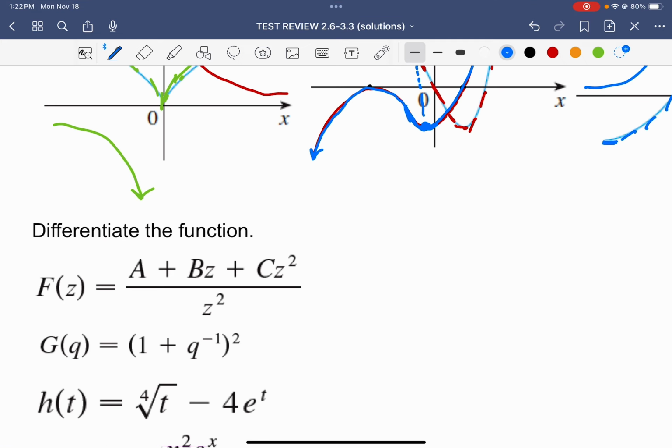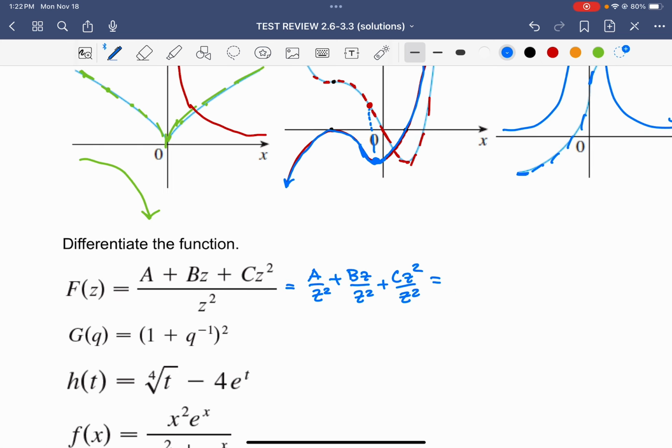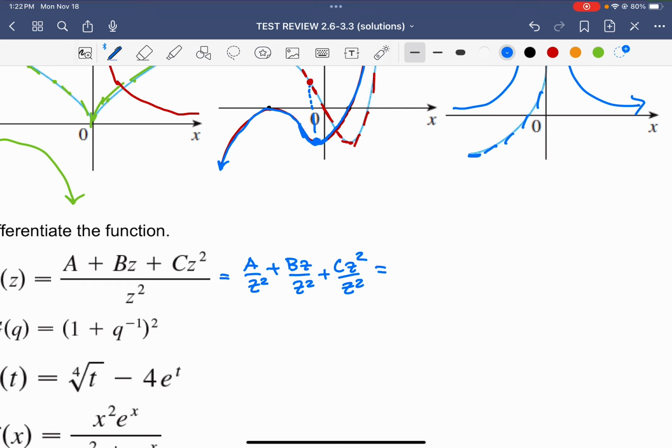All right, now we're ready to differentiate functions. For this one, I'm first going to change the form into this with a plus. And then that means that what you're going to get is az to the negative second, bz to the negative first, c. You're adding all those up.